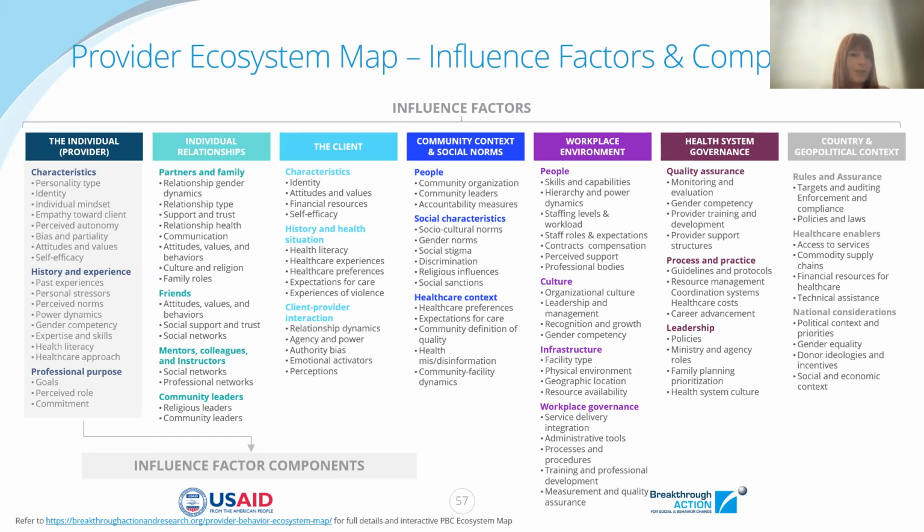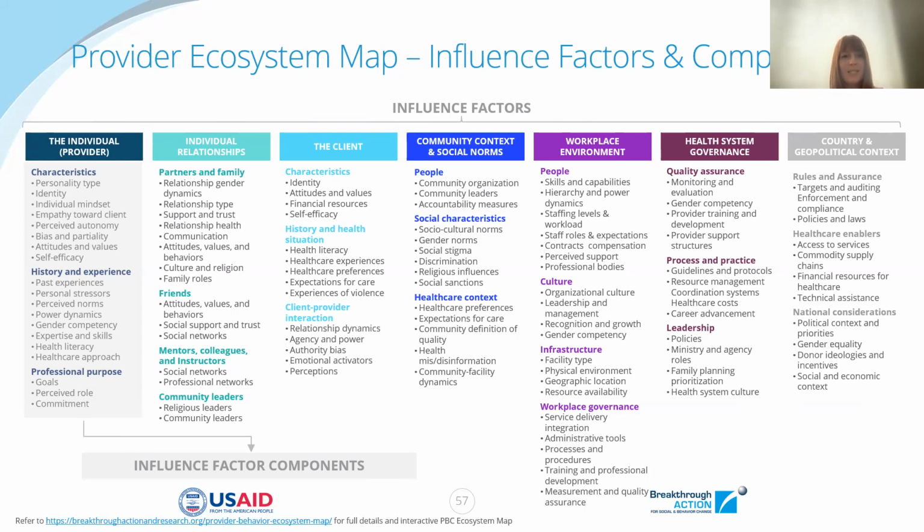The clients, of course, the interaction between a client and provider, those power dynamics that have already been mentioned today really play a huge role, and the kinds of experiences that clients have had previously with the health system and with providers will influence that interaction and the provider themselves. And then at the community context and social norms level, we know that sociocultural and gender norms play a huge role, which has already been mentioned several times today.